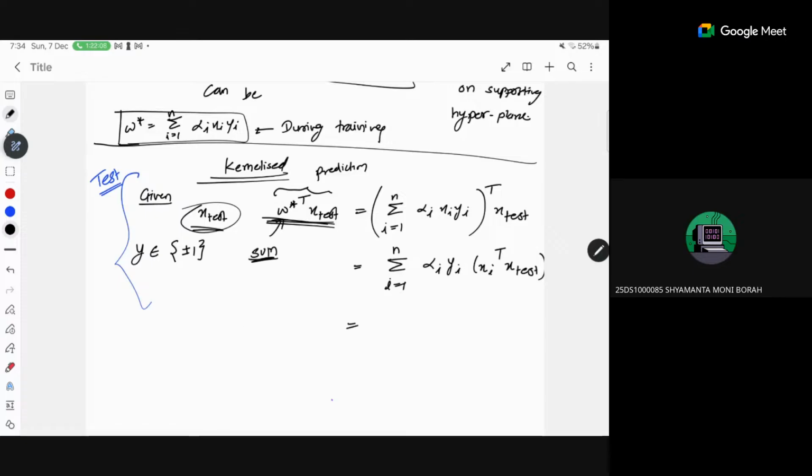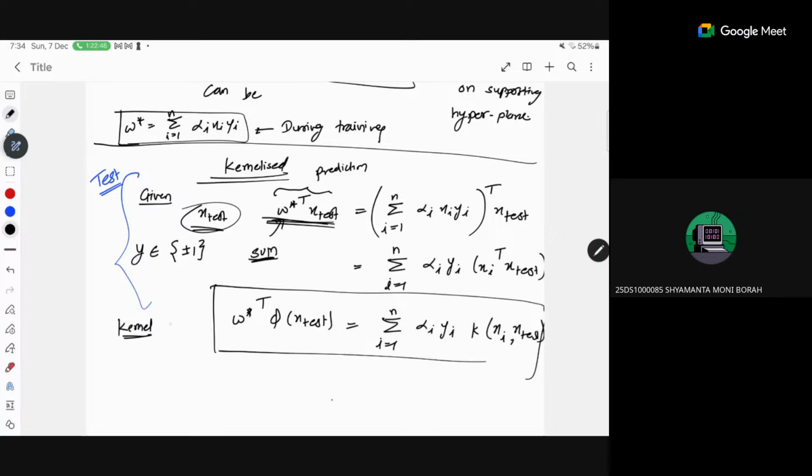This is what we do during training. But if I wanted to use the kernelized version, what should I do? In the kernelized version, how are we going to find it? It will be the kernel of x i and X test, K of x i comma X test. Not x i transpose, just x i comma X test.